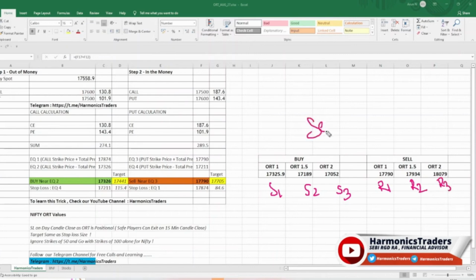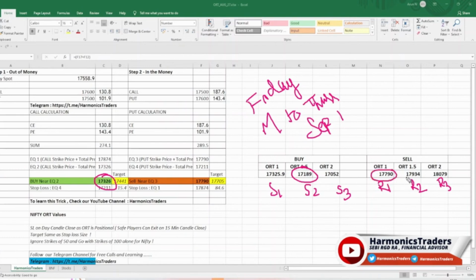Whatever data we take, in simple terms, we take the data on Friday and it is valid from Monday to Thursday. So it is valid till the next day expiry. Now we know ORT 1 is 17,326, ORT 1.5 is 17,189, and ORT 1 sell is 17,790.